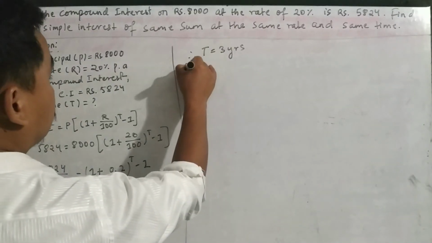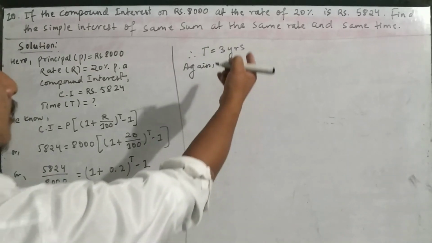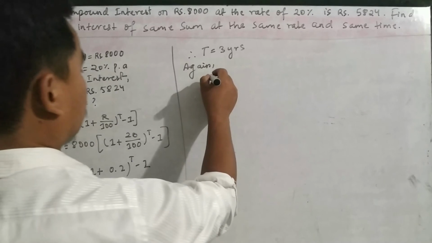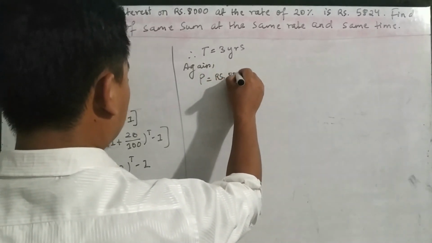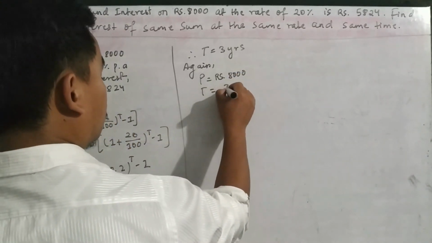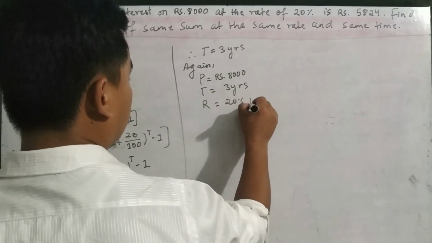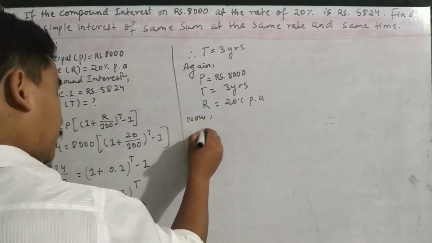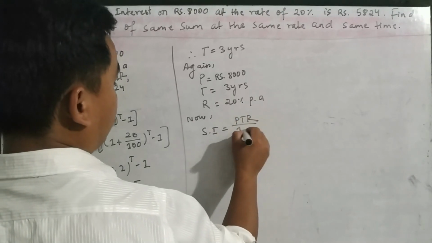Again, using the same principal, same rate and same time, let's find out the simple interest. P equals rupees 8,000, t equals 3 years, R is equal to 20% per annum. Now, simple interest equals PTR/100.